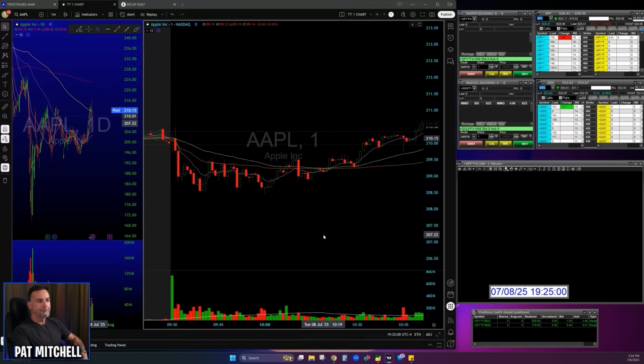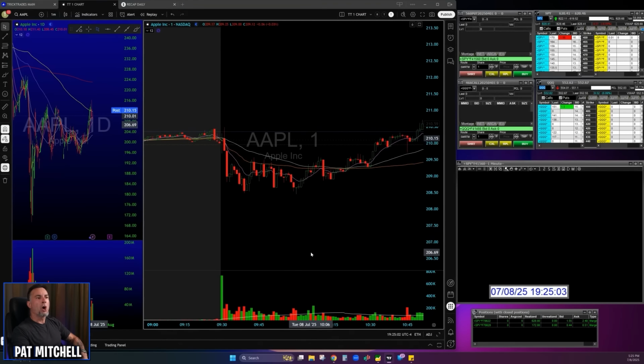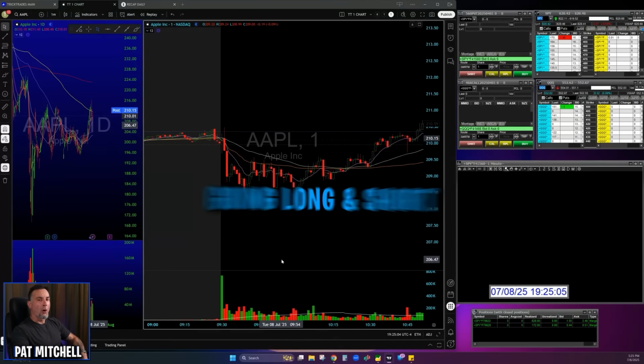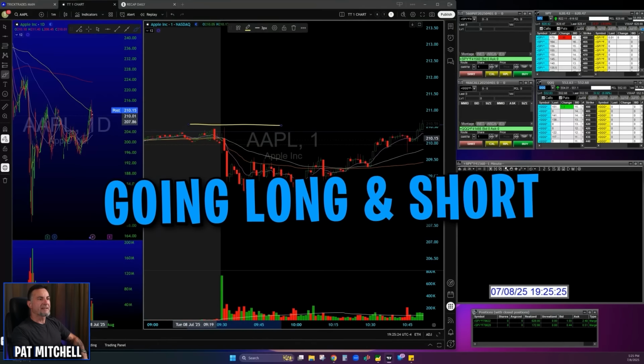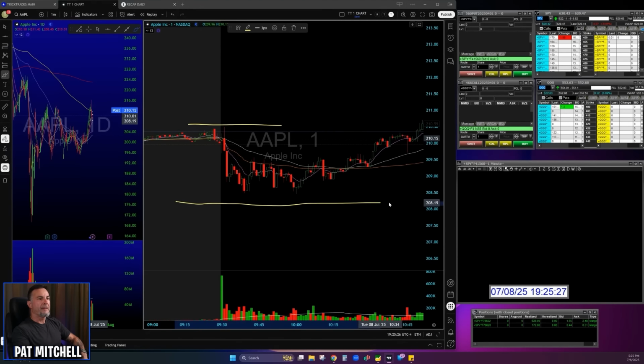Very simple. So now let's talk about going long and going short. This is a resistance level, and this is our support level. We want to short this level and long this level. So an easy way to remember it is: above support, we go long into support.